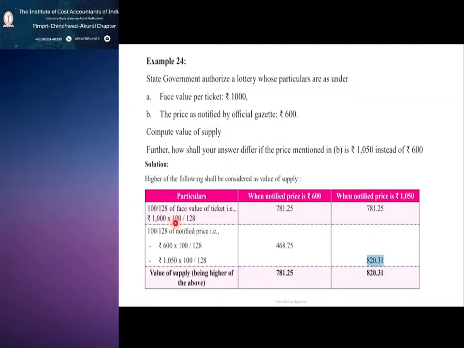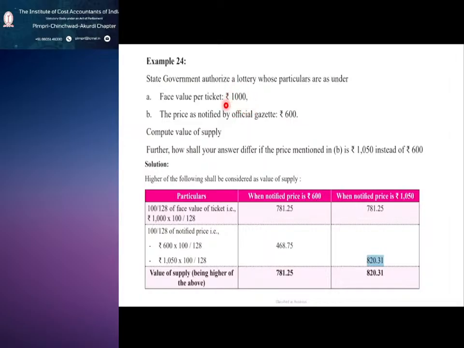You need to calculate here: 781, right? Here 600 into 100 divided by 128, and for the other case you take 1050, and here the face value is 1000.